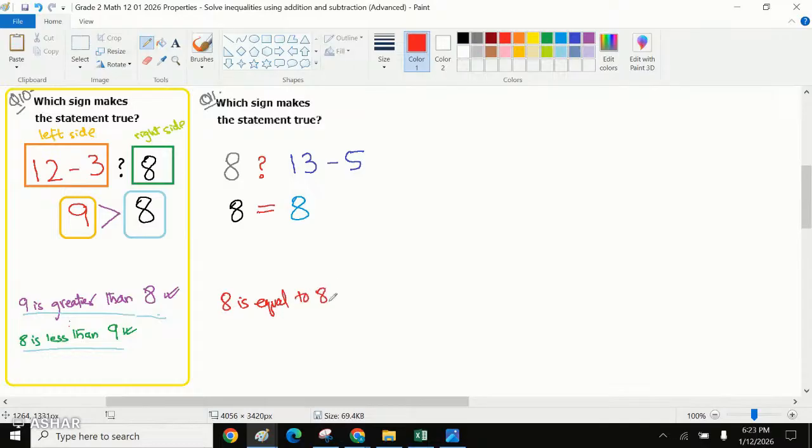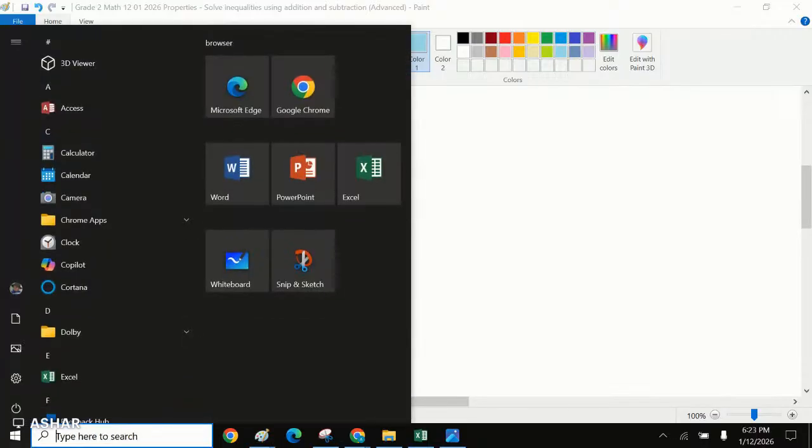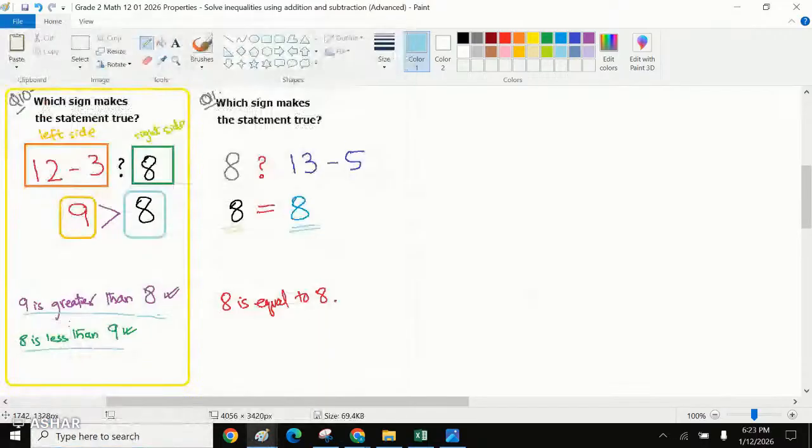It cannot be greater than, it could not be less than, right? They both are the same. The value on this side of the equal sign is equal to the value on this side of the equal sign. These two values are the same, right? So that's why we say 8 is equal to 8.